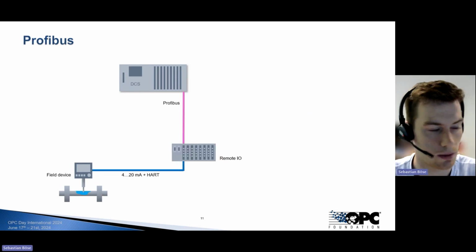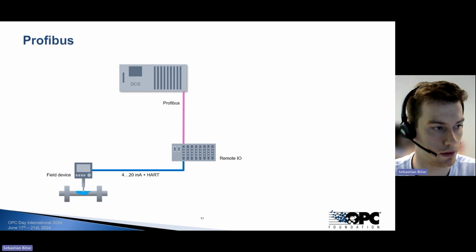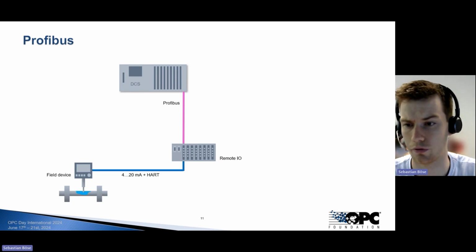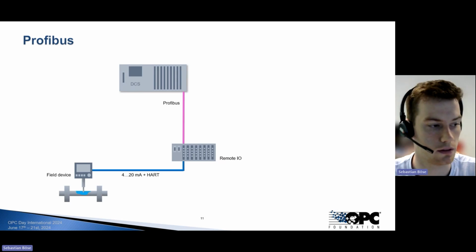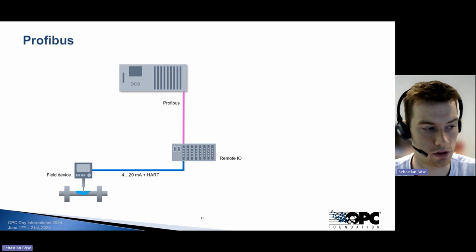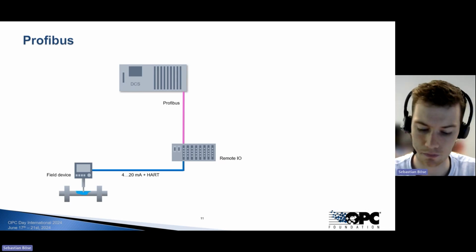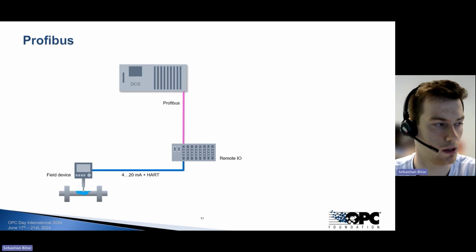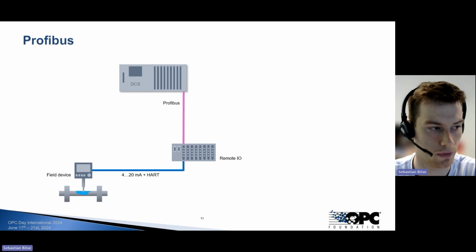Now switching over to some more special applications, or something that's not so easy to do. In this case, we have a field device connected via 4 to 20 milliamps and HART to the remote I/O station, which is a Profibus remote I/O, and it's also intrinsically safe. That means that we can't touch the system, or we won't touch the system below the remote I/O. What we want to do is connect to the Profibus network and access all the field device data through this remote I/O.